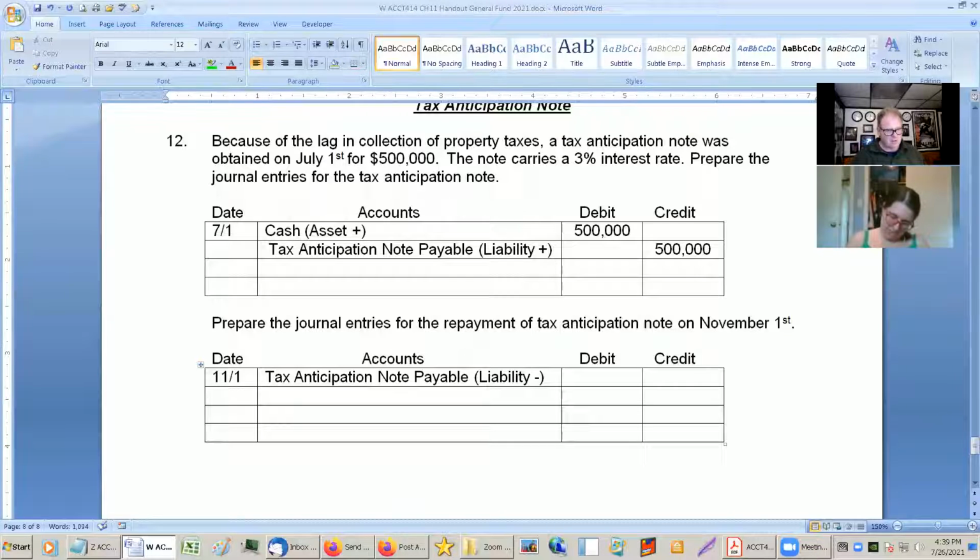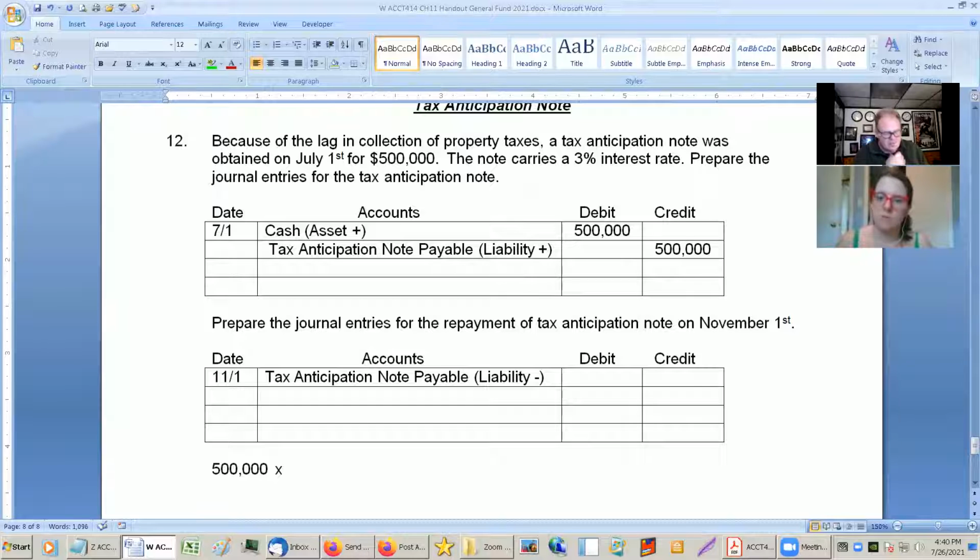So let's see. $100,000 times what we had for 4 months.